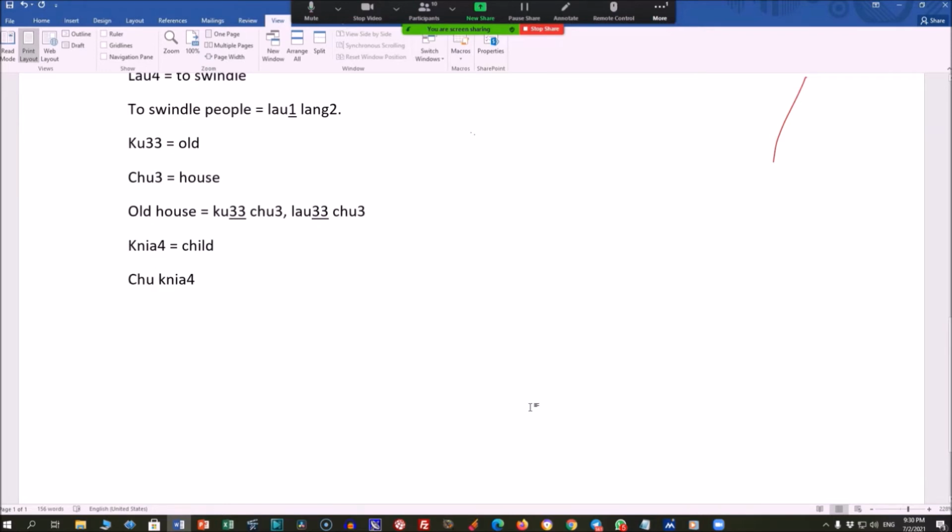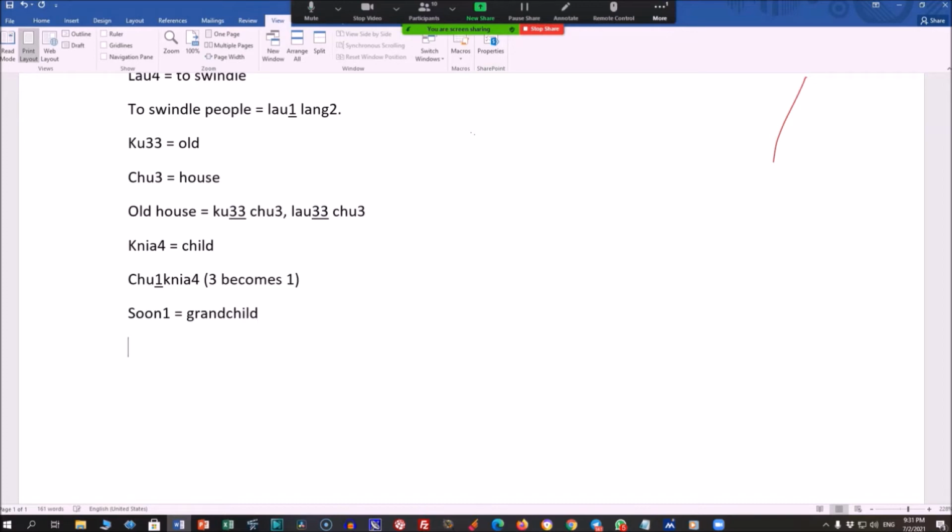Originally 3, now it has become 1. Chu kia, not chu kia. Chu is a one digit word, which is a tone 3, not tone 3-3. So therefore it becomes different: chu kia.